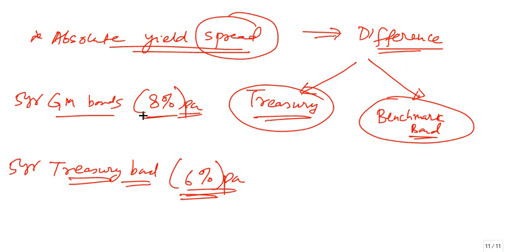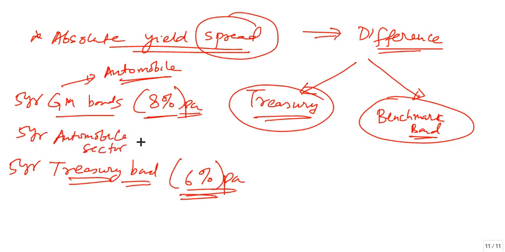Now since General Motors is part of the automobile sector, you can also have a benchmark bond for the automobile sector. So say that a 5-year automobile sector average bond is trading at 7% per annum. Here we are considering a case where the sector has lower risk as compared to the particular bond.